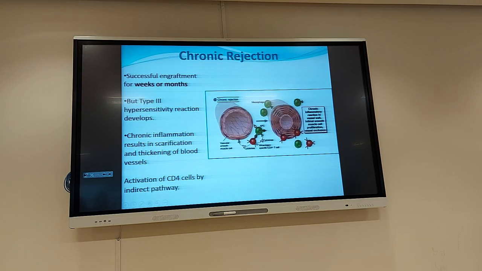And then the chronic rejection, as I said, is due to these minor histocompatibility antigens. We have a low level of immune attack. This is through a combination of type 2, 3, and 4 hypersensitivities. And because you have this damage, you get repair through TGF-beta. So over the years, you get occlusion of the blood vessels.